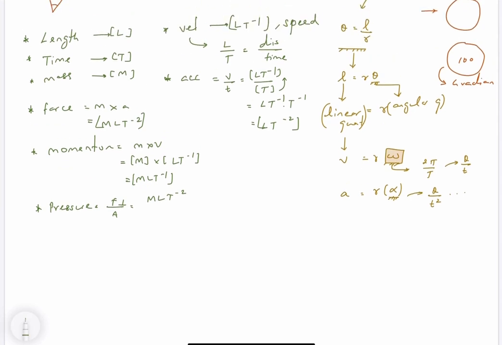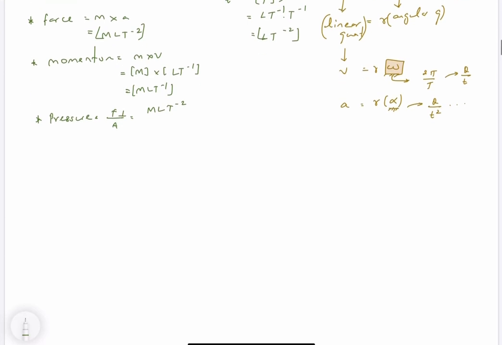So I would suggest you note down these four, since they can be used in a lot of ways. Like for pressure, we need the dimension formula of force. So will you keep deriving force F equals ma and then keep substituting here? No. We can just remember it as MLT power minus 2, right? That is for pressure, divided by area.